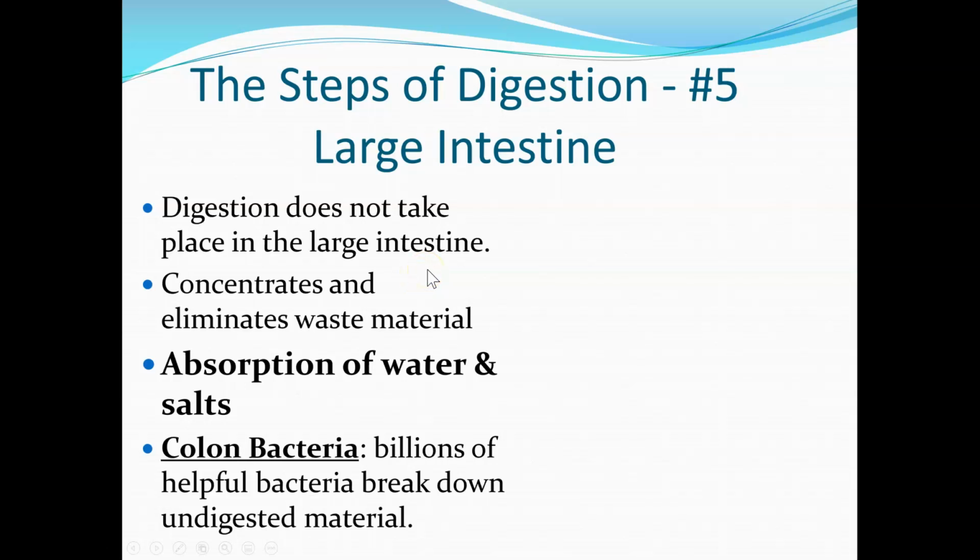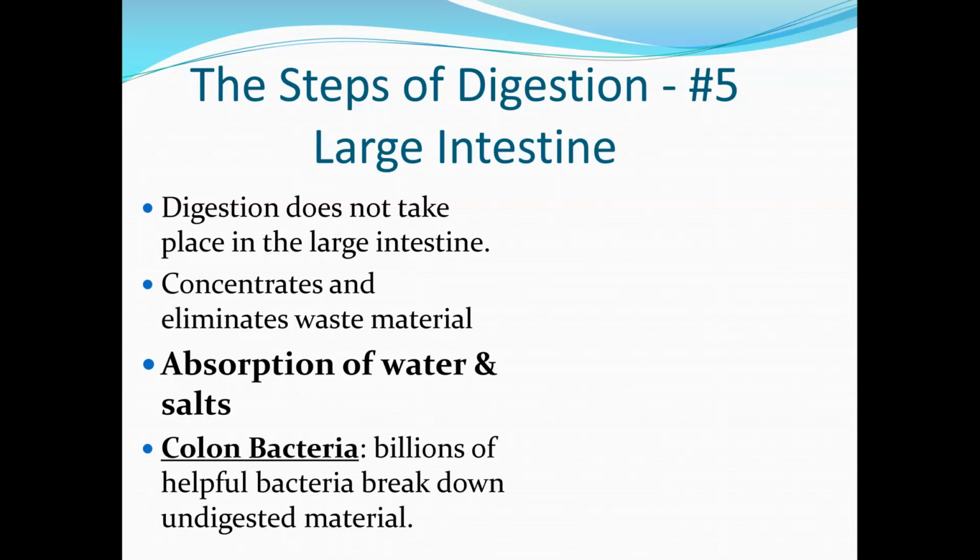So the large intestine: digestion doesn't take place in the large intestine. Absorption of water and salts takes place, and the waste material basically becomes more and more concentrated. There's bacteria in the colon, or the large intestine.